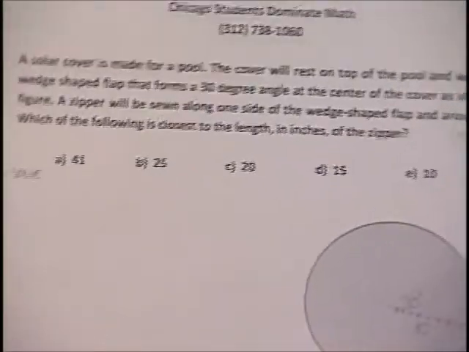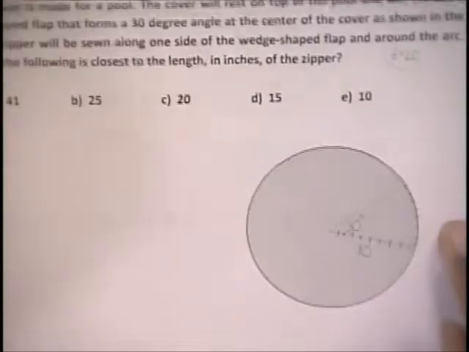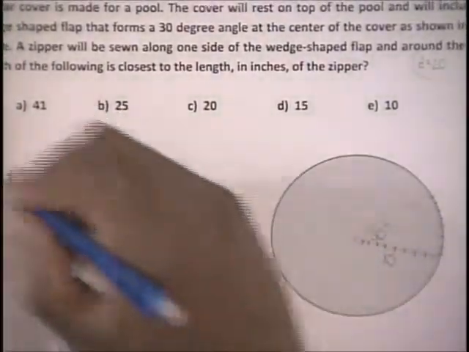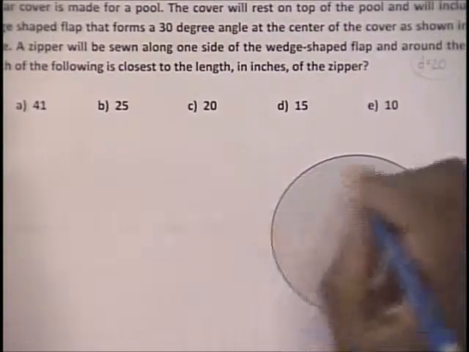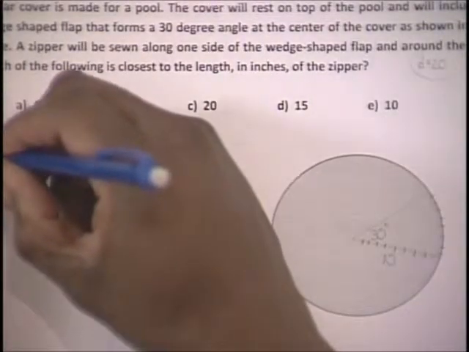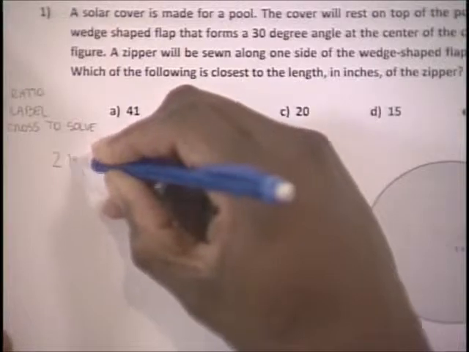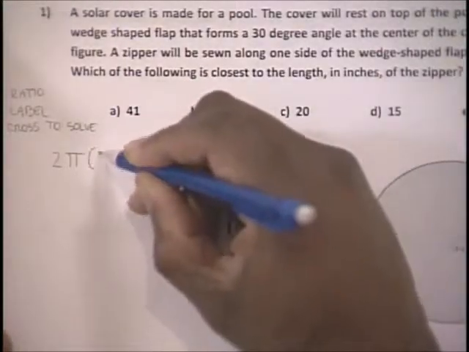What you have to know here is that the ratio that's given comes from your understanding of geometry. You understand that the distance all the way around this circle is 2 times pi times the radius, which is 10.